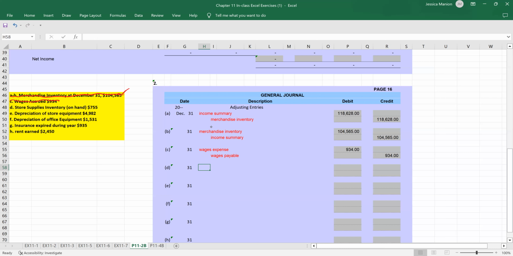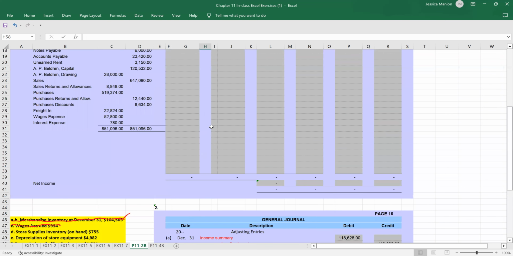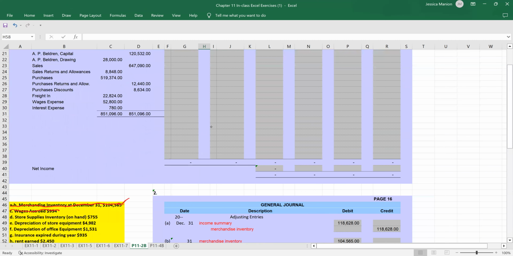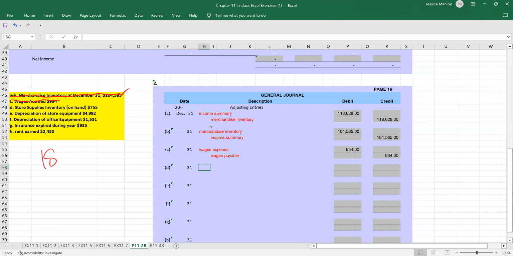Okay. Store supplies inventory on hand, 755. Okay, so we need to scroll back up and see, what did we have to begin with? If we look at our supplies account here, we had 1,850. So to figure out how much we used, we take our 1,850 minus 755, which is what we have left. So we used 1,095.